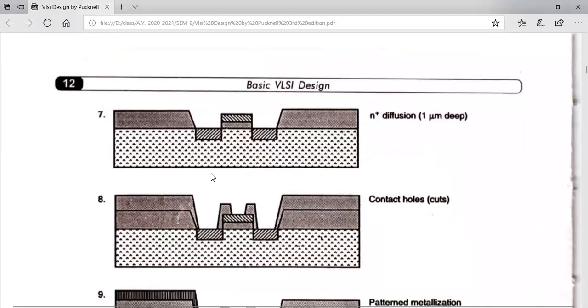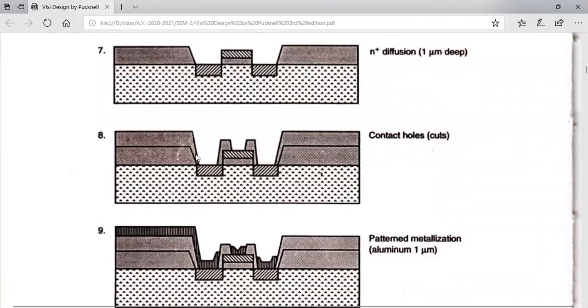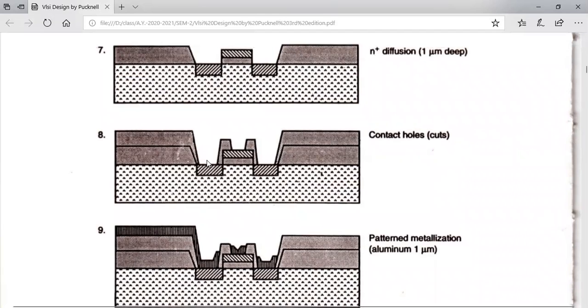After that, I once again go with the oxidation process. Oxidation process means once again forming a silicon dioxide totally. But I want to connect the source. You can see here in the eighth figure, I want to create a hole here, here, here.